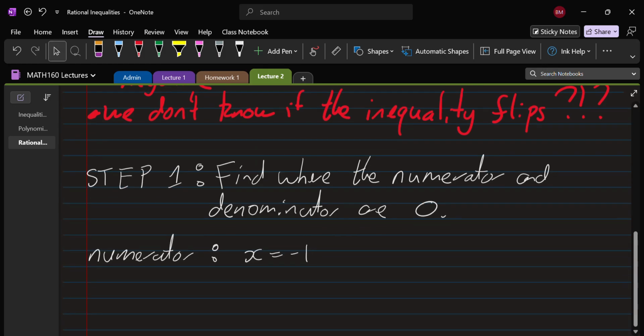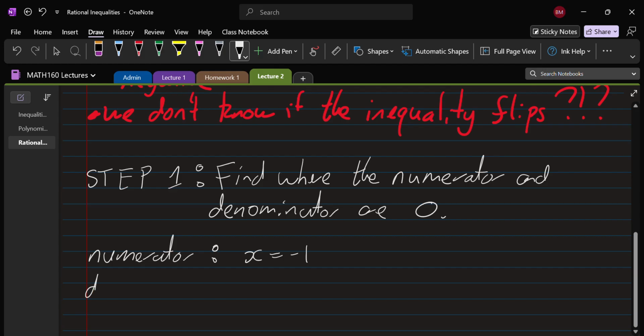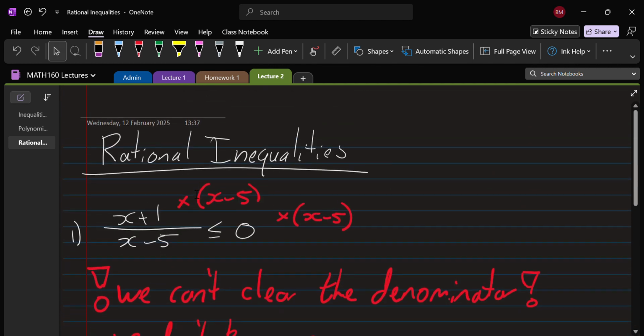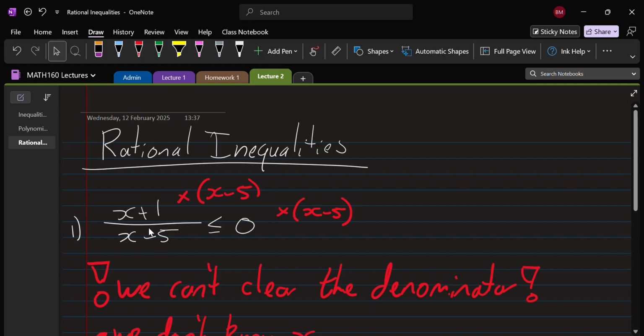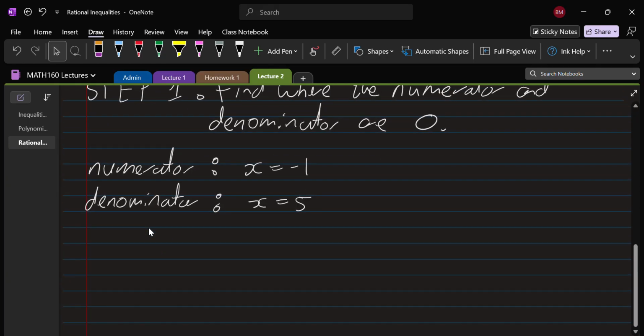So for the numerator, x is minus 1, listing them out like your critical values, and for the denominator, we said that was 5. So we've got these 2. If the top and the bottom were quadratic, you might have more possibilities. But here the top and the bottom are just linear, so we've got one solution for the top, one for the bottom. If the top was quadratic, you would have 2 for the top, 1 for the bottom. But you just list all of them. So that's step 1.